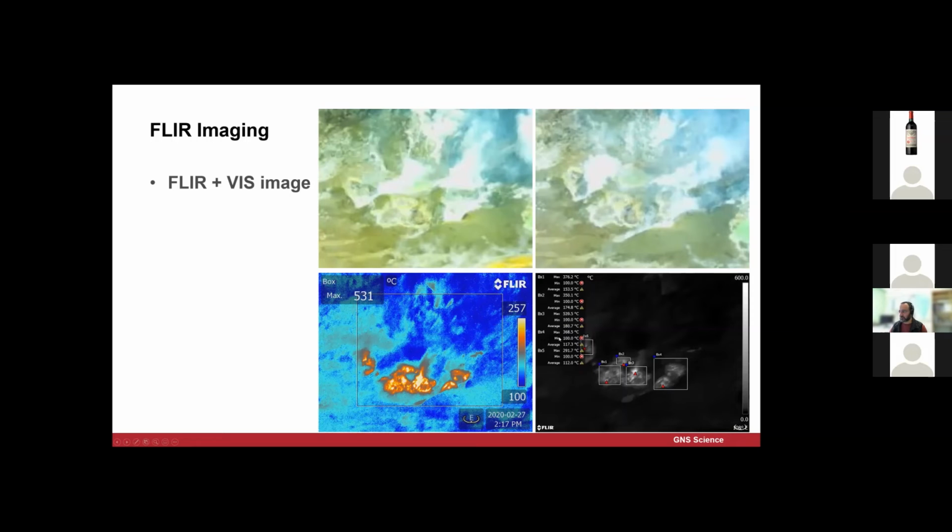The minimum is around 100, but that is around the vicinity of that. So the minimum is also anomalous heat, but otherwise the heat surrounding outside the active area is in the temperature range of 25-27 degrees in this time of the year.